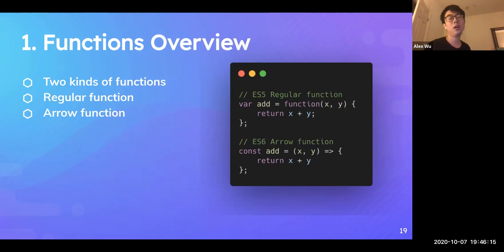You can draw a parallel between JavaScript and Python. The def function in Python is just the normal regular function in JavaScript, where you use the function keyword, followed by the parameters, followed by the function body. You can define a function this way.